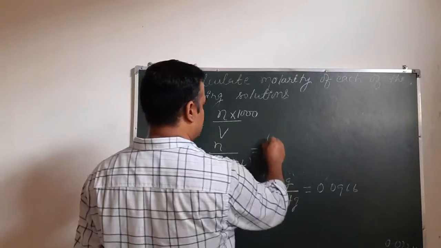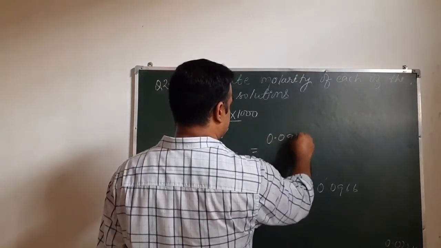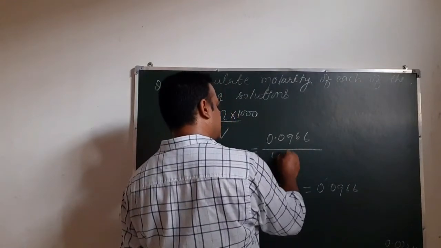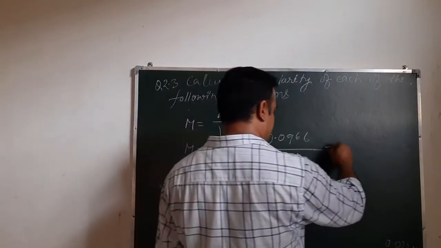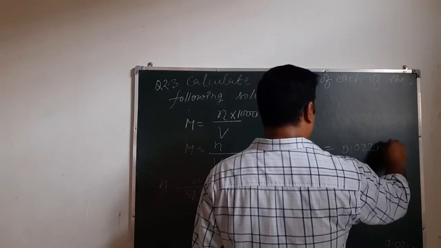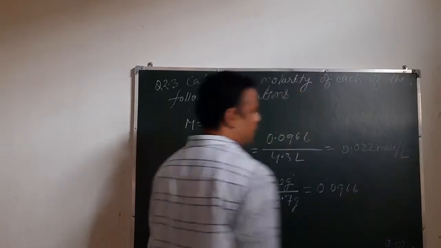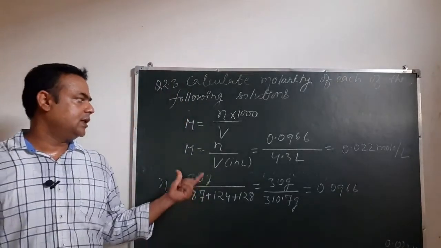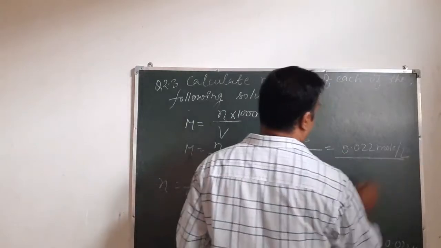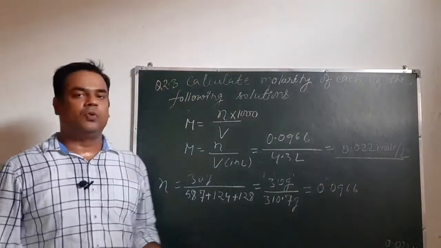So number of moles 0.0966 divided by volume, the volume of solution is 4.3 liter, and this will be equal to 0.022 mole per liter. So this is how we can determine the molarity of solution. So this is the answer: molarity of solution is 0.022 mole per liter.